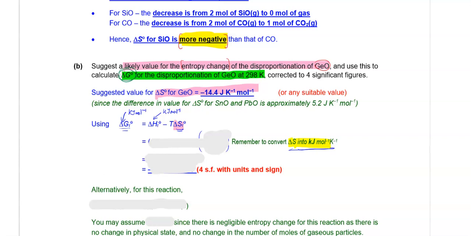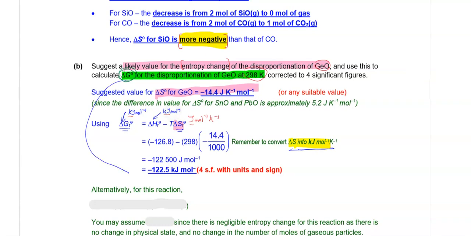This will ensure that your units are consistent. Delta G and delta H are in kJ, delta S is in J, so we need to divide by 1000 to convert J to kJ. Sub in your values for delta H. The temperature will be 298 Kelvin, as mentioned in the question. Correct your answer to 4 significant figures. Since we are calculating delta G, the typical units will be kJ per mole.